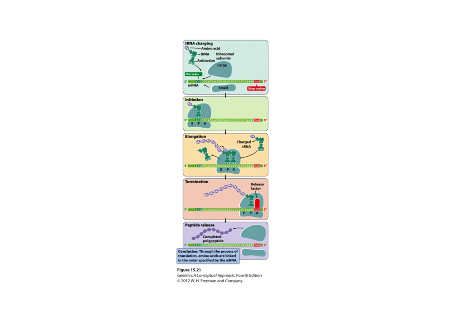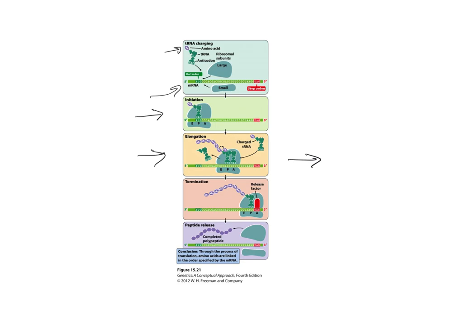All right. So, all together now, we've got our charged tRNA there, with the anticodon. We've got to find that first AUG, the small subunit, the tRNA, the big subunit. That's initiation, right? And then elongation, we keep shifting, the ribosome moves.